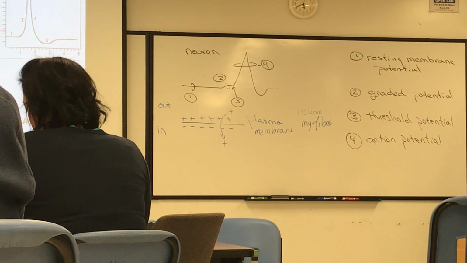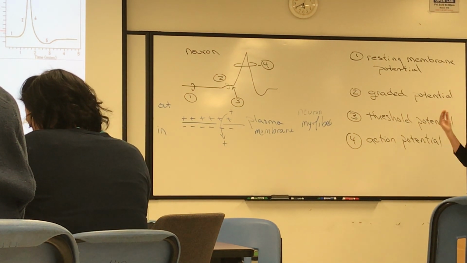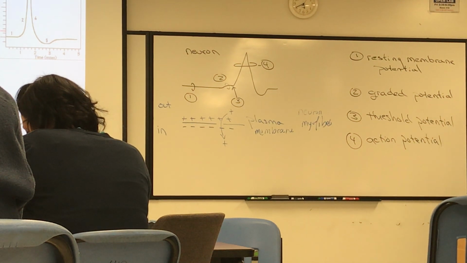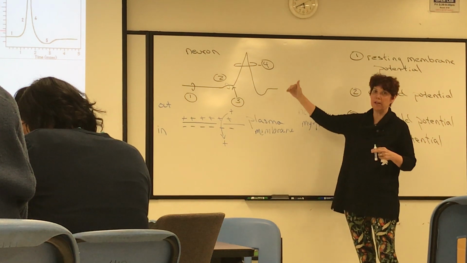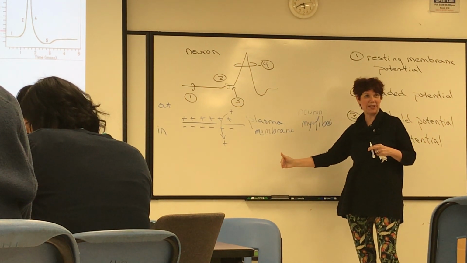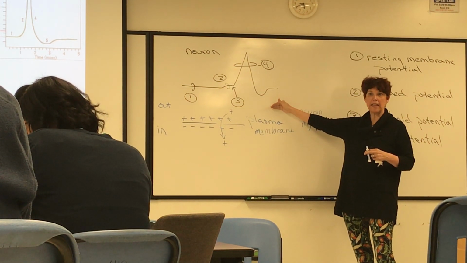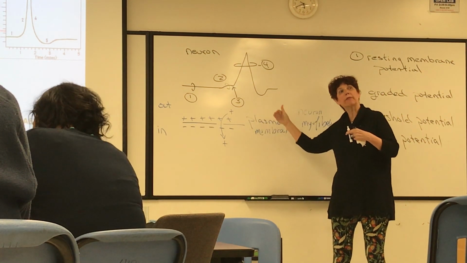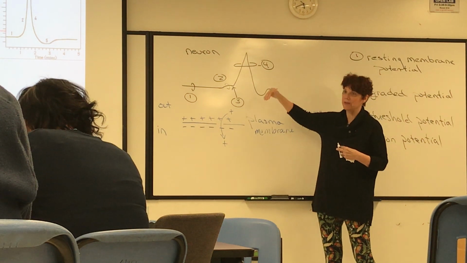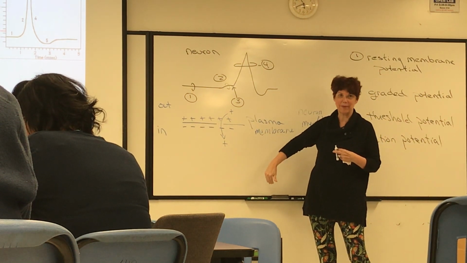That's the definition of electricity, the movement of charged particles, and that's by diffusion. So they go from their area of high concentration to their area of low concentration. We have more positive ions outside the cell, so when we open up ligand-gated channels, or voltage-gated channels, the positive ions move into the cell.